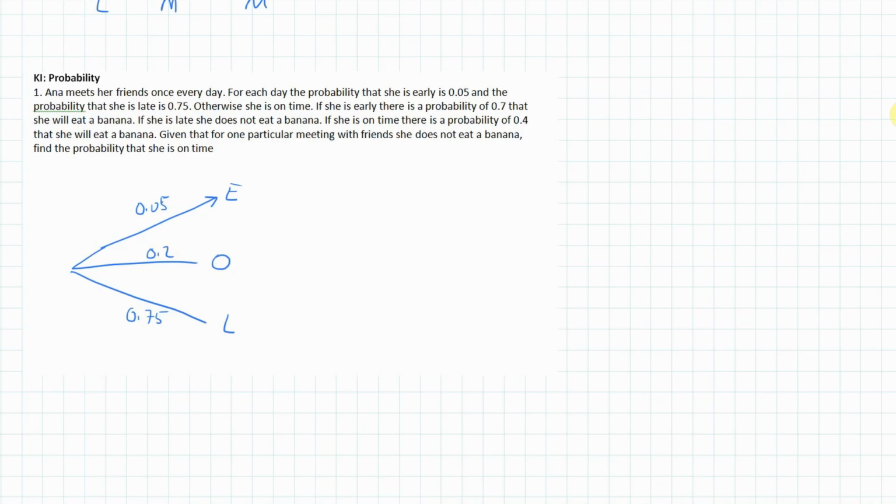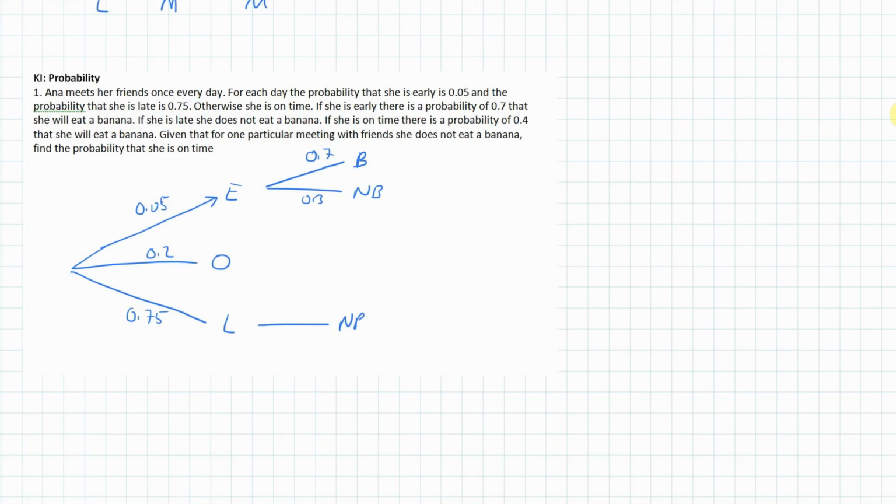Now, if she is early, there's a probability of 0.7 that she will eat a banana. Okay. Banana, 0.7, which means not banana must be 0.3. Okay. If she's late, she does not eat a banana. Okay.